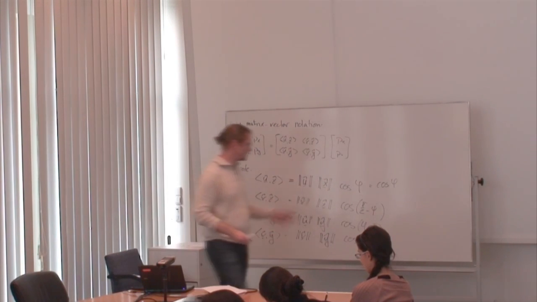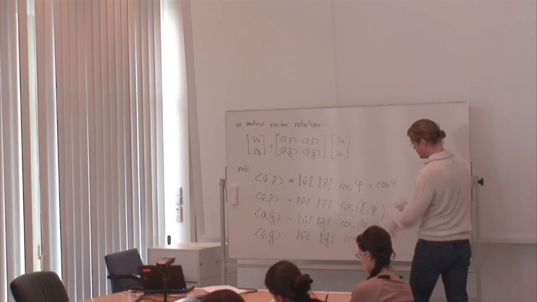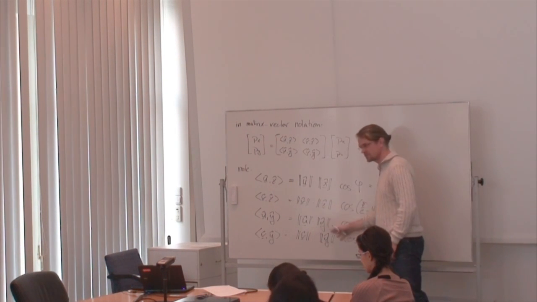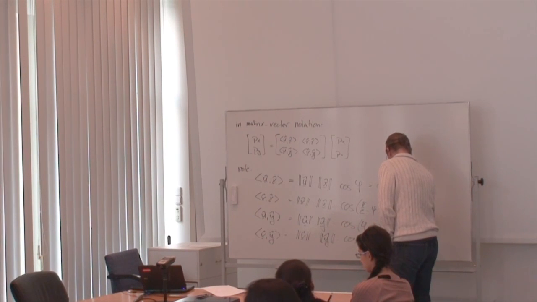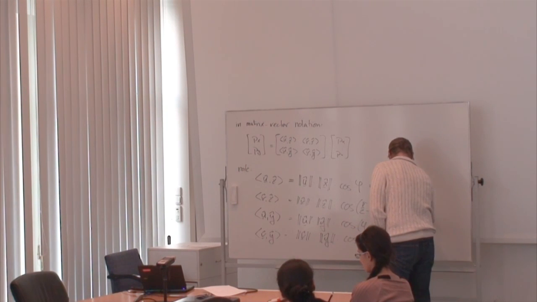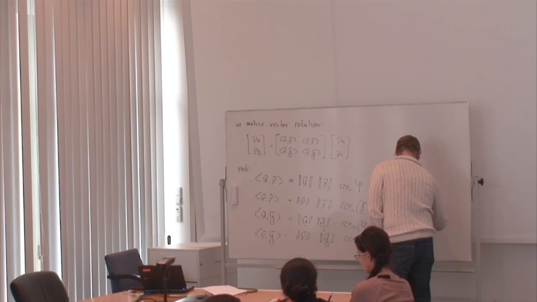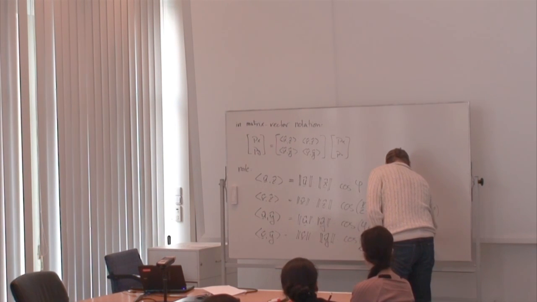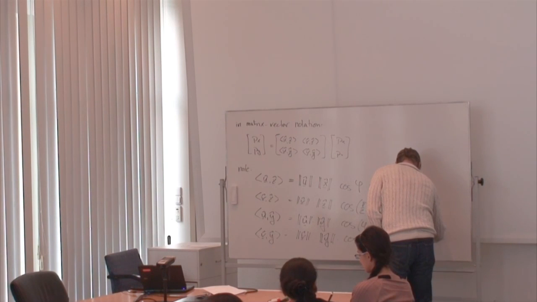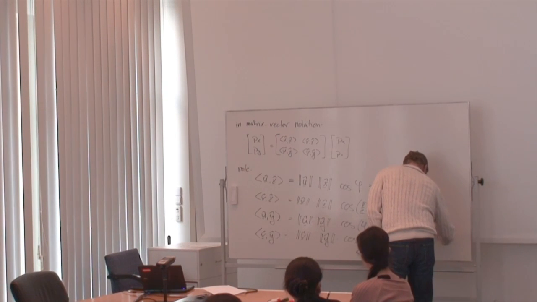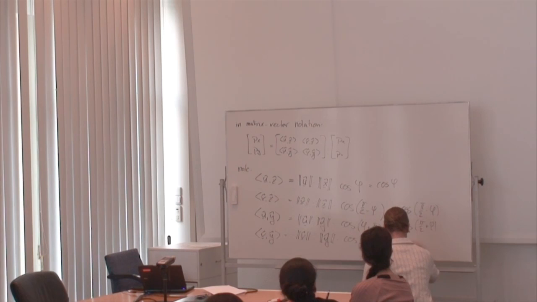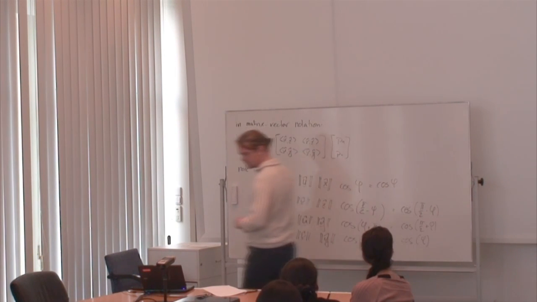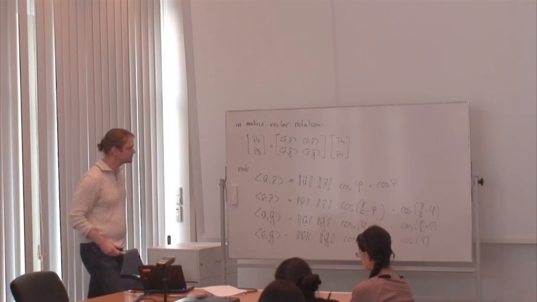Since all these are unit vectors, their norms are always 1, so I can simplify this to cosine of pi over 2 minus phi. This one is cosine of pi over 2 plus phi, and here we have cosine phi again.